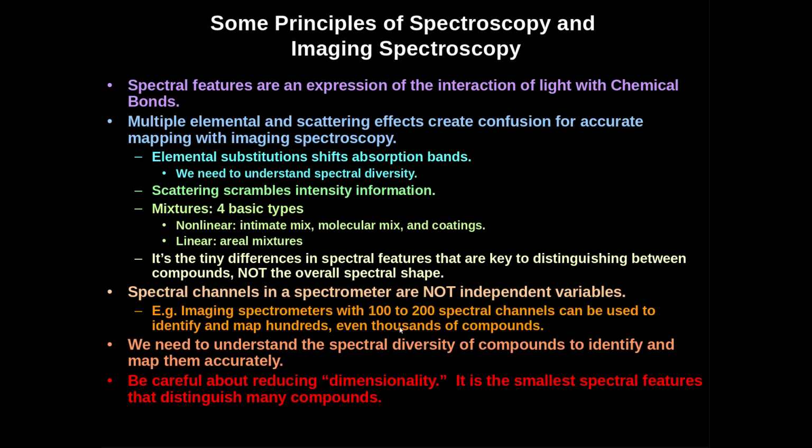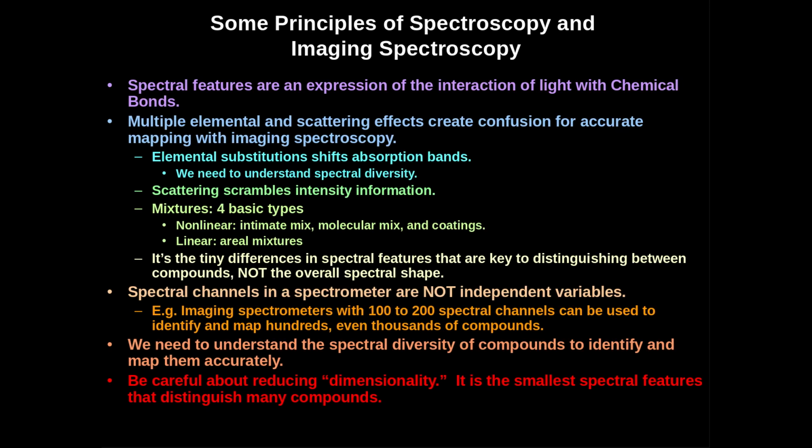So the problem with all of this is it creates confusion until you understand it. When you understand it, then you can use it to your advantage and derive quite intimate details of the surface.